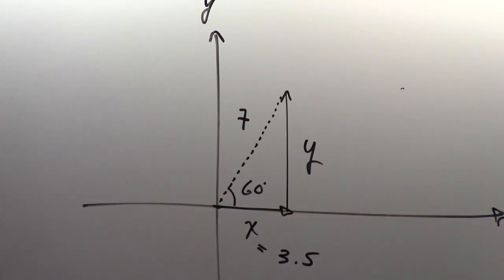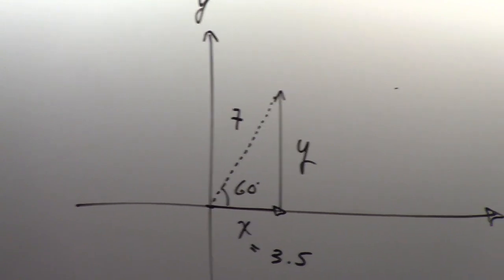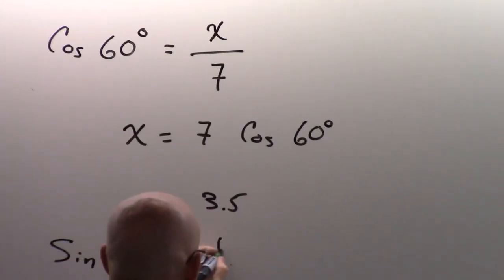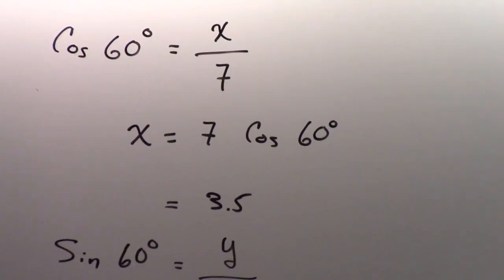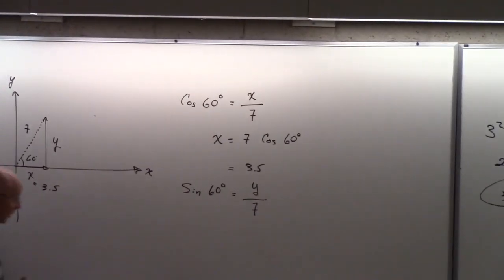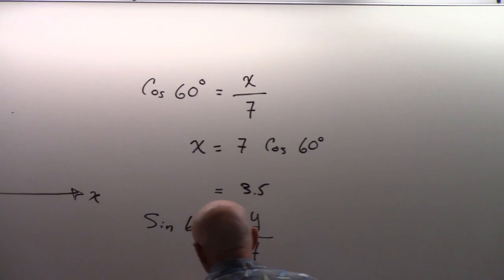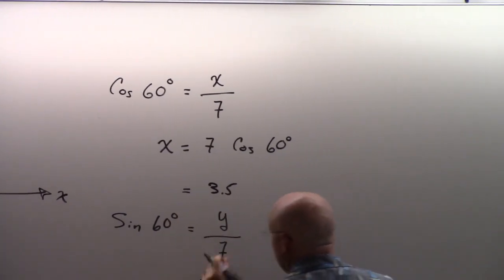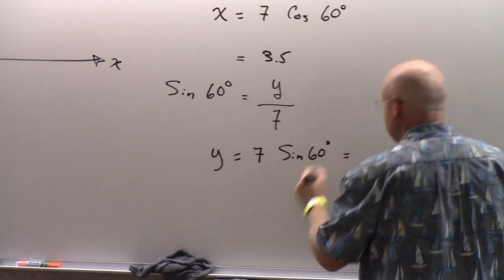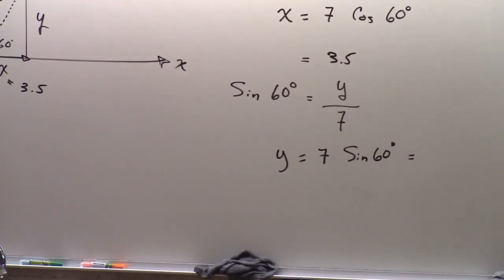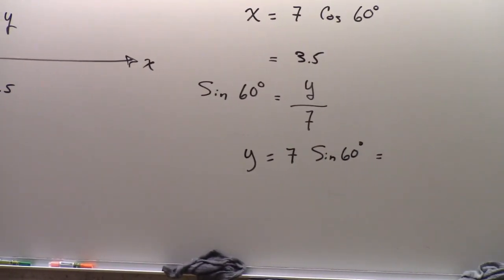So I'm going to say sine of 60 degrees would be y over the hypotenuse. Which of course means then y is equal to 7 times the sine of 60 degrees, which is root 3 over 2, 0.866.